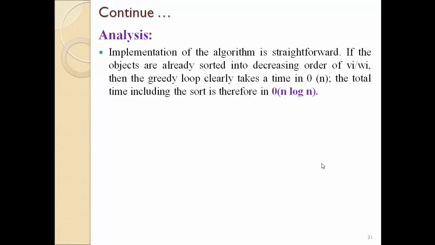But the total time including the sorting is n log n, because to sort this list of numbers into ascending or descending order, it takes a maximum of n log n time complexity. So the total time complexity of this algorithm is also order of n log n.